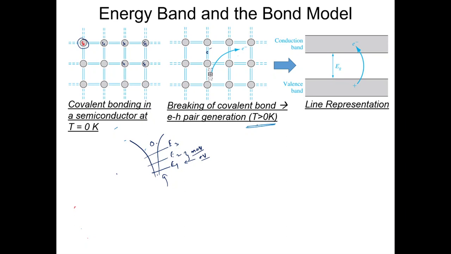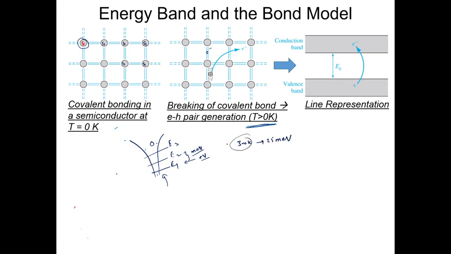So you can imagine that if you give a finite temperature, or raise the temperature above 0 Kelvin, you're actually increasing the average energy across the system. You know that 300 Kelvin translates into 25 milli electron volt.